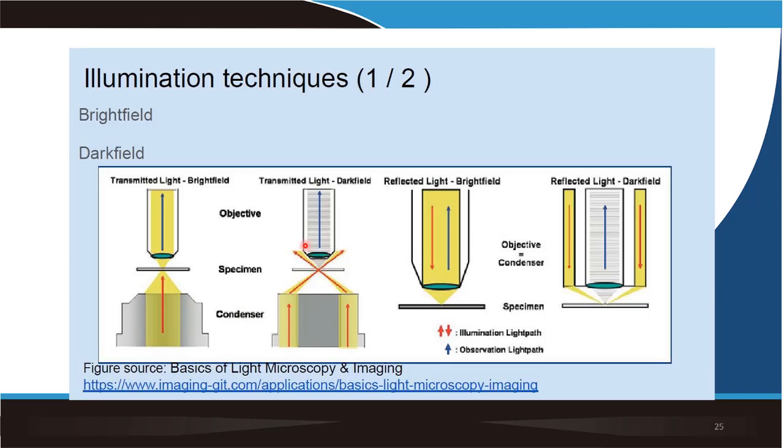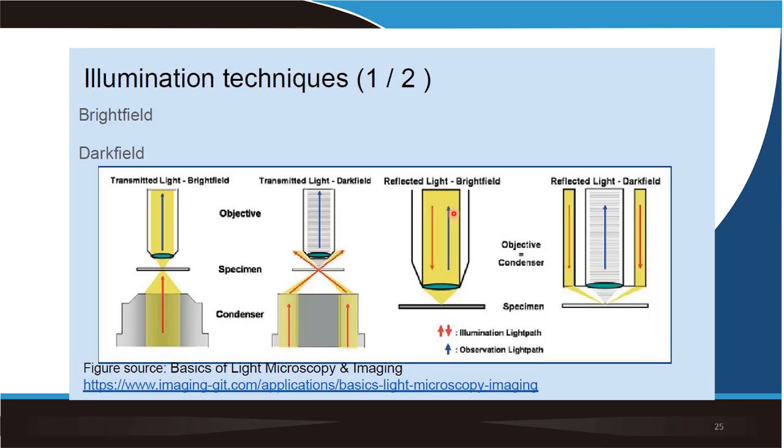Then we have reflected light bright field. Here we are not using a condenser lens. This is the illuminated light path, and this is the observed light path. This is the incident ray falling on the sample, and from the same objective we get the reflected ray also.